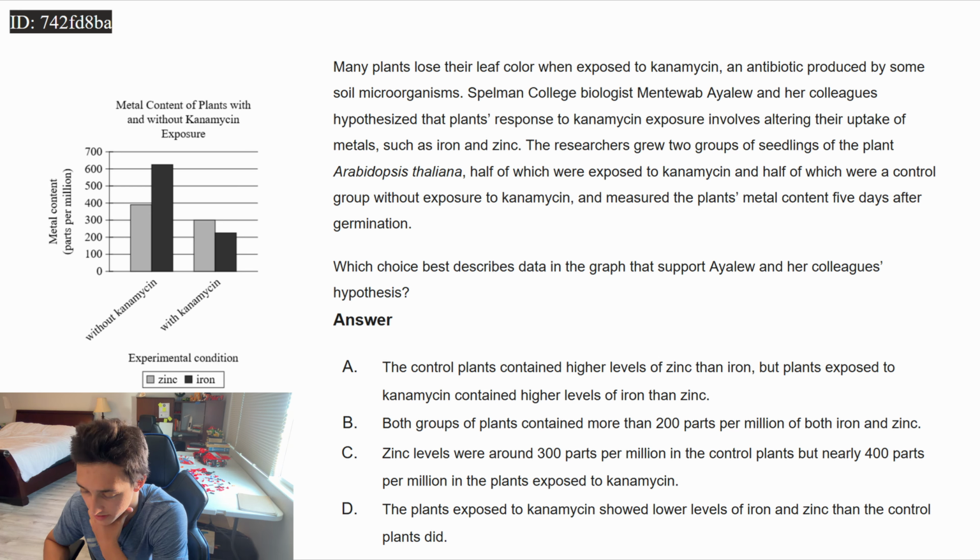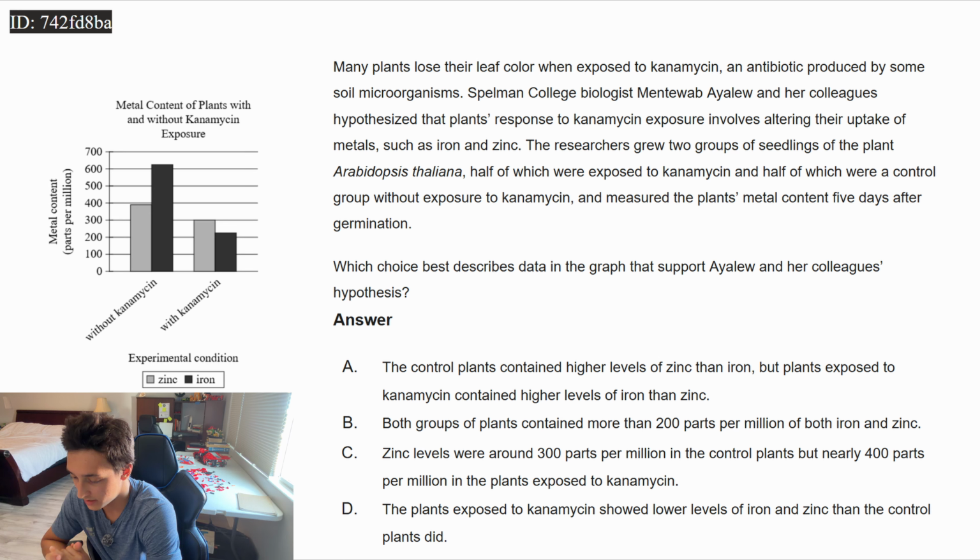So we can clearly see that zinc and iron are greater without K, okay? So they have greater metal content, and they're hypothesizing that with K, the uptake of metals will change. And I believe that the graph shows this perfectly, so we just got to find an answer choice that matches that. Which choice best describes data in the graph that support the hypothesis?